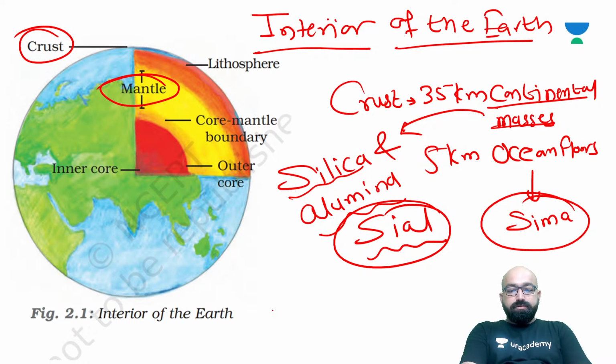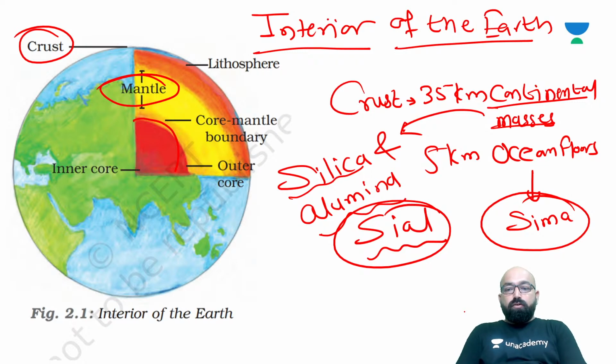The innermost layer is the core, with a radius of about 3500 kilometers.